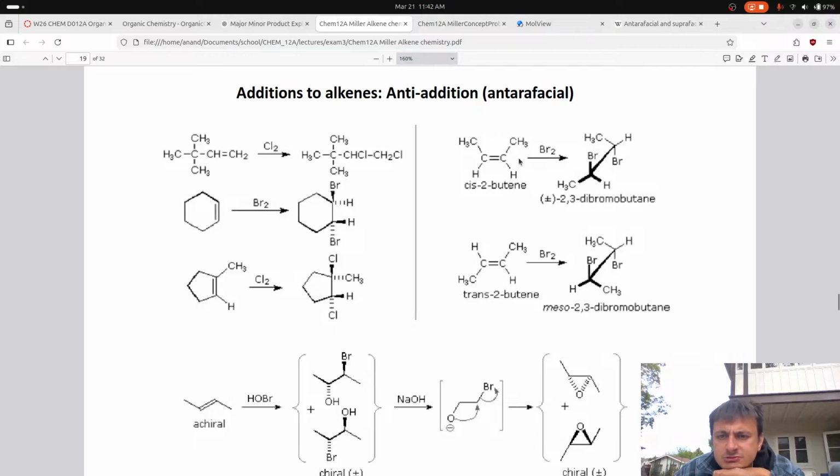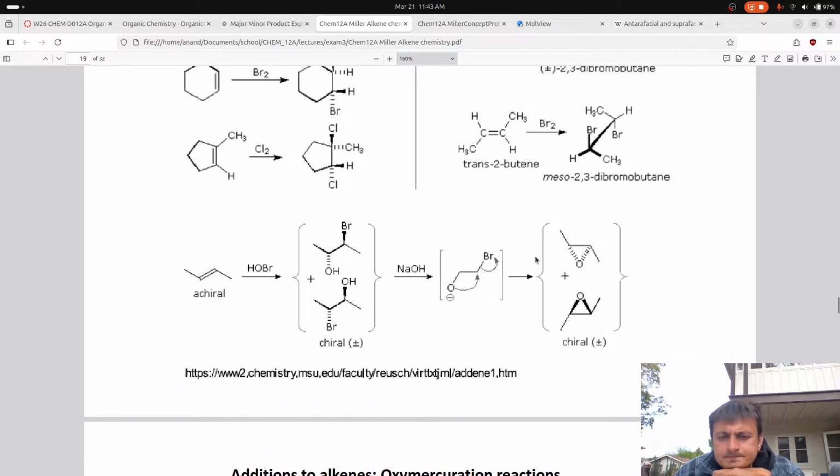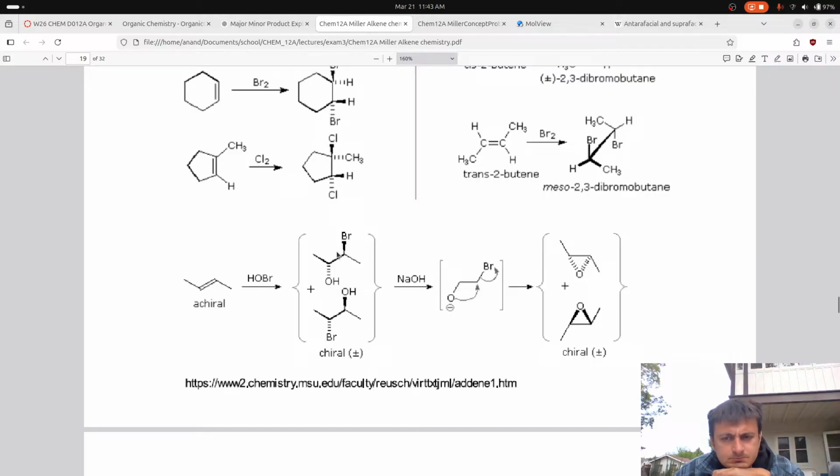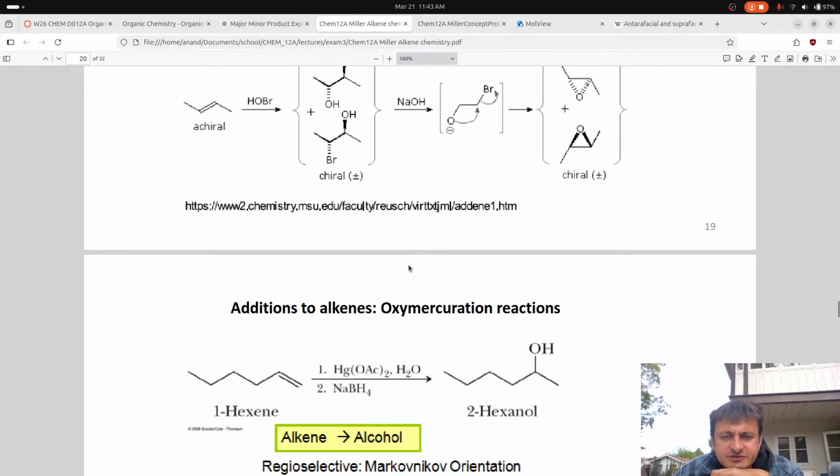This 2-butene. I don't know what this slide is even telling me.